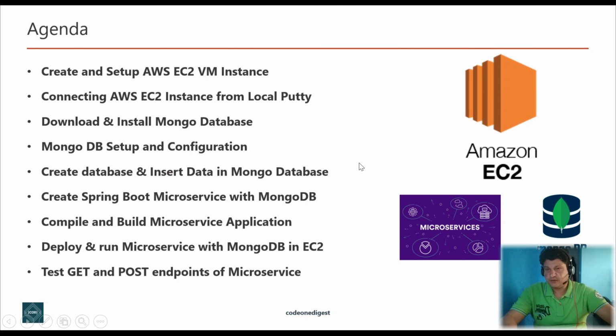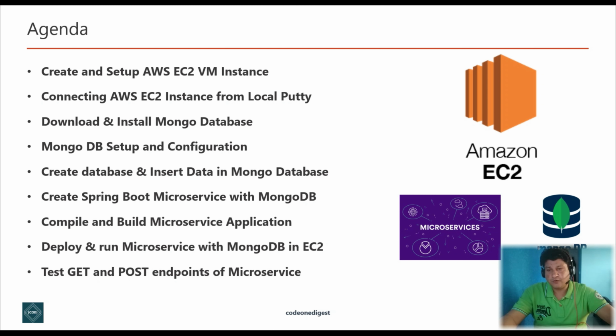So here is the agenda of this video, friends. We'll be creating an EC2 instance from scratch. Then I'll show you how you can connect to that EC2 instance from your local PuTTY. Then we'll install MongoDB into that instance. We'll configure MongoDB so that we can connect to it remotely. Then we'll create a database in MongoDB and we'll insert a few records, a few documents, into MongoDB. Then we'll move on to the microservice development using Spring Boot.